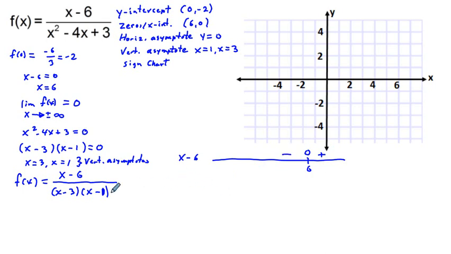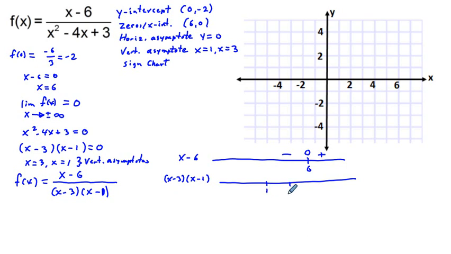And then the next sign chart we're going to stack right below, which is going to be quantity x minus 3 times quantity x minus 1. For this expression in the denominator, our critical numbers are going to be 1 and 3.